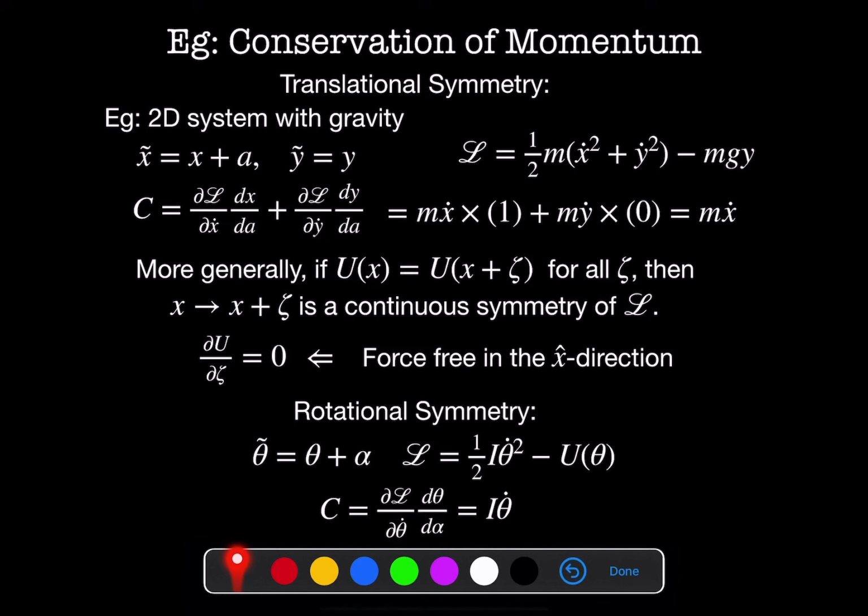If we look at ∂L/∂θ̇, again assuming that U depends only on theta and not on theta dot, that tells us that ∂L/∂θ̇ times ∂θ/∂α is just equal to Iθ̇, or Iω. This is the definition of angular momentum. Having a system that is rotationally symmetric guarantees that you will have conservation of angular momentum. It's a property of the symmetry of the system that gives us these powerful conserved quantities.